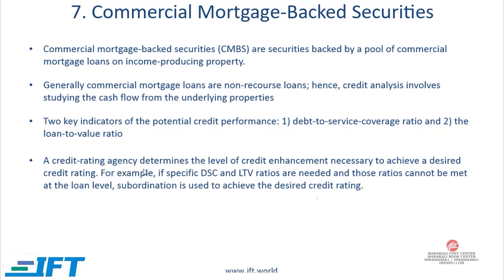A credit rating agency determines the level of credit enhancement necessary to achieve a desired credit rating. For example, if specific debt service coverage and loan to value ratios are needed and those ratios cannot be met at the loan level, subordination is used to achieve the desired rating.